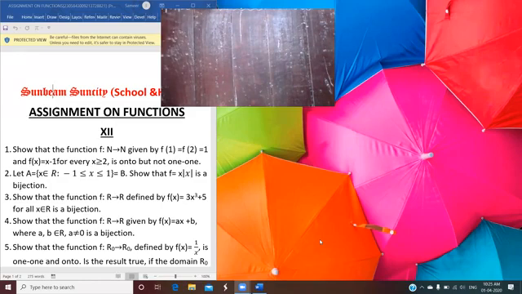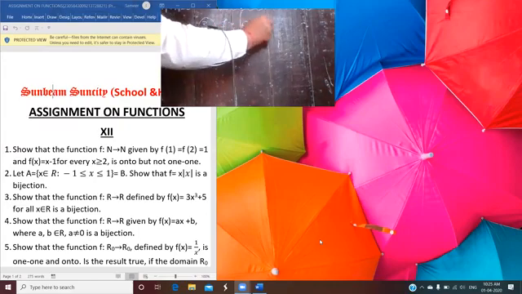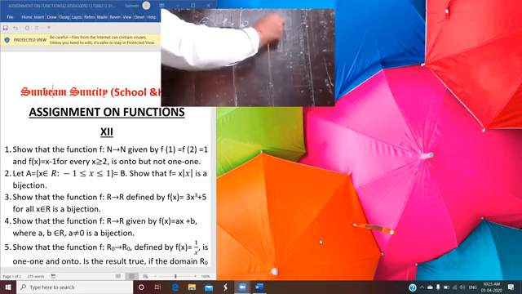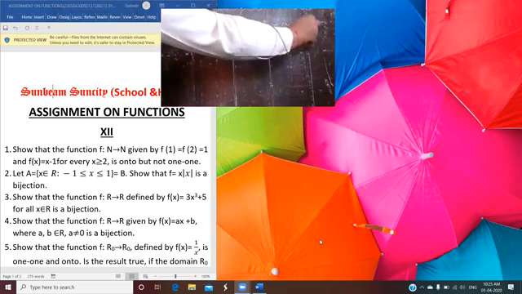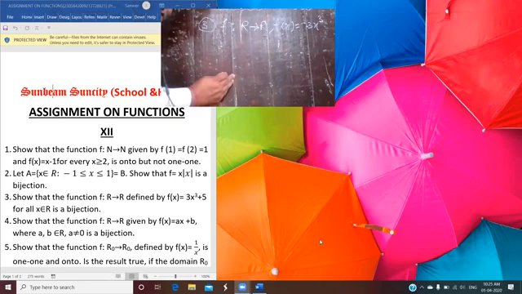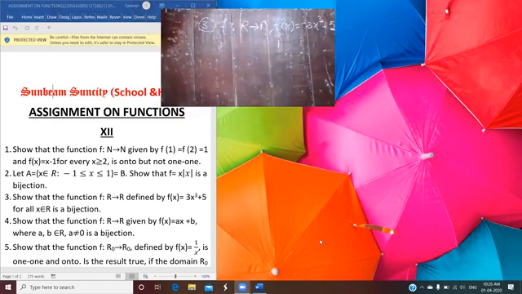Now come to the third question. Your third question is, the function f from R to R given by f(x) equals 3x cube plus 5 for all values of x belonging to R is a bijection.